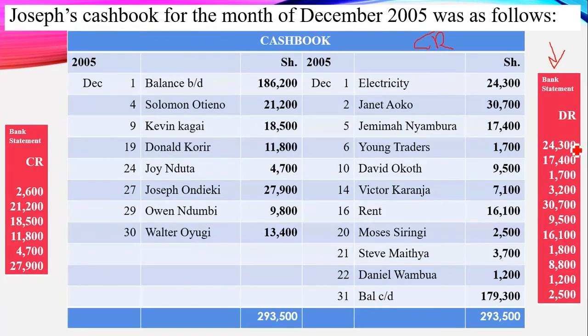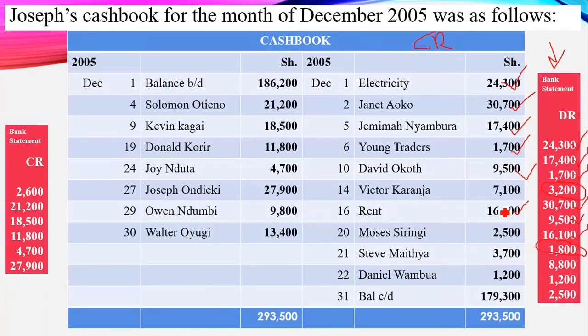So I start with this 24,300, I have it there. 17,400, I have it here. 1,700, I have it here. 3,200, 3,200 is missing, so I circle that. 3,700, I have it here. 9,500, it is there. 16,100, I have it here. 1,800, you see it, it is not there.